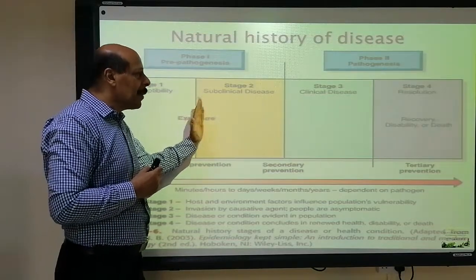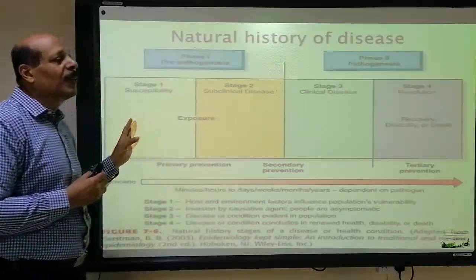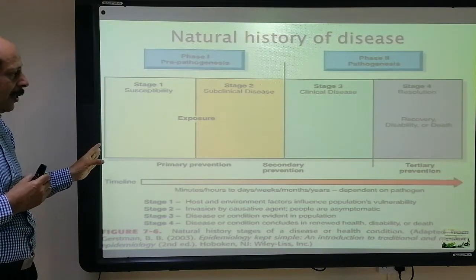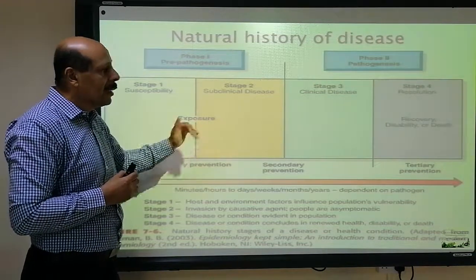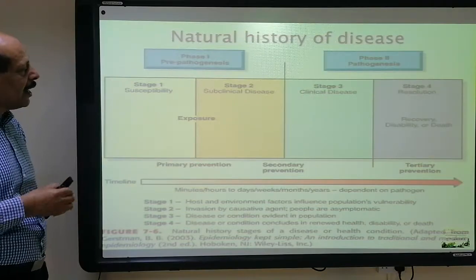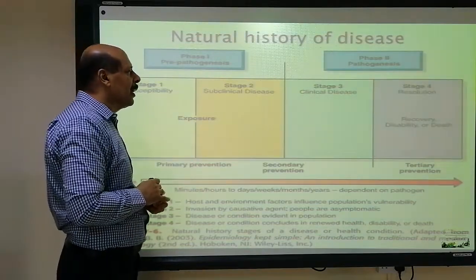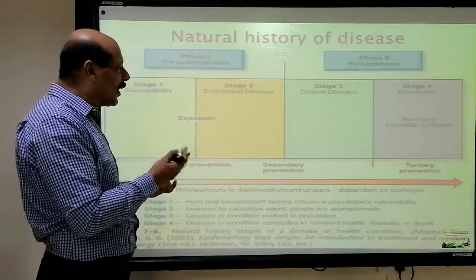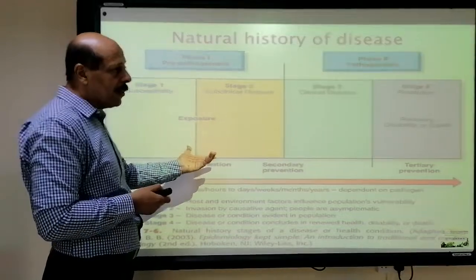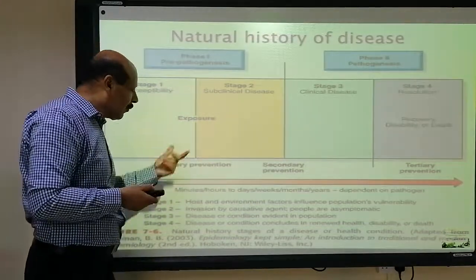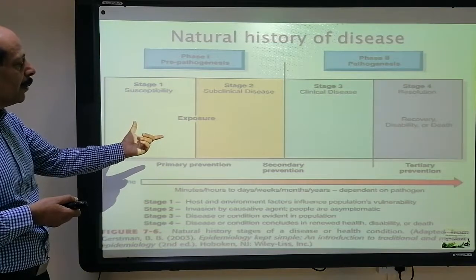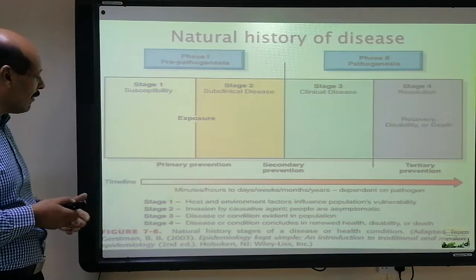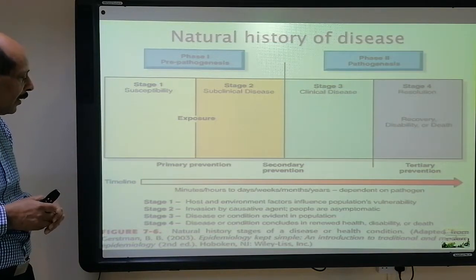In the subclinical stage, we have to find out those who are having the microorganisms. How can we do that? By screening tests, for those people who have no signs and symptoms.